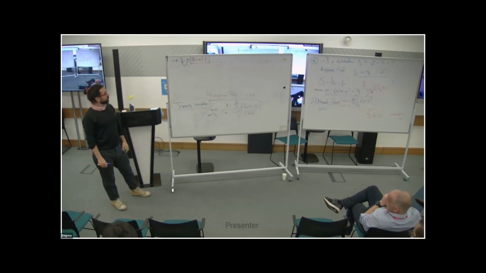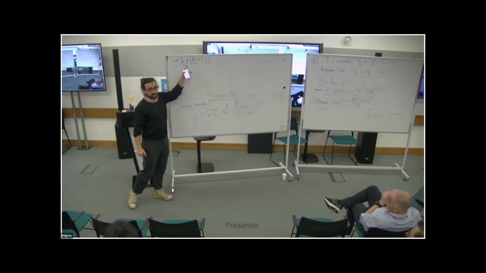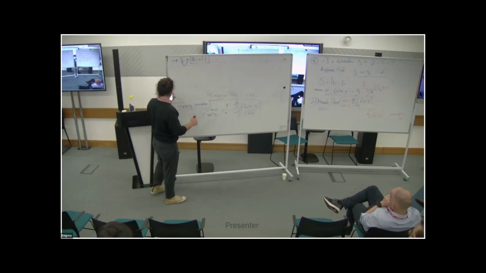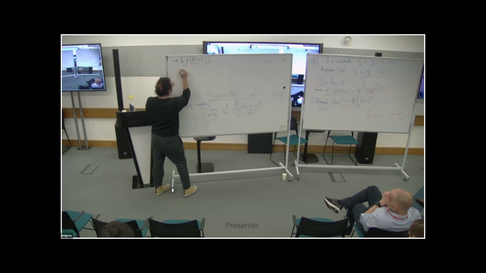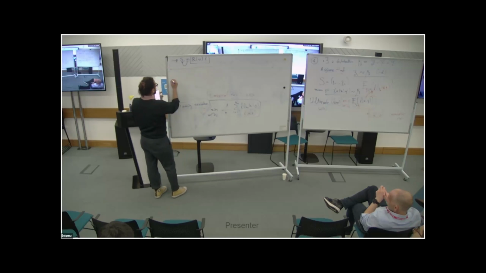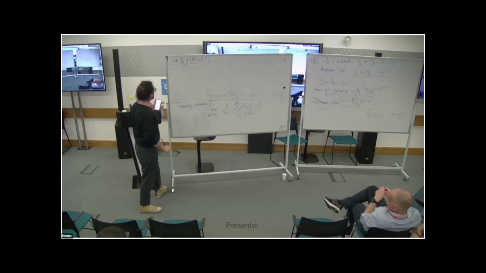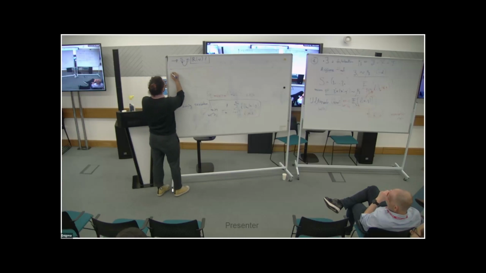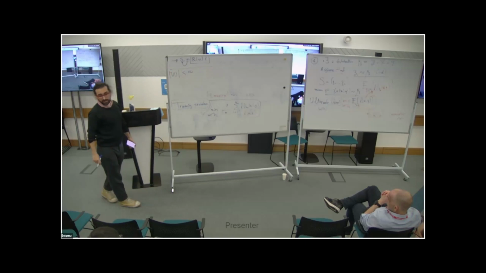But as a start, any idea how to estimate this? Let's make this problem a bit simpler. Let's say we have a parameter set which is finite. The parameter space contains finitely many points.